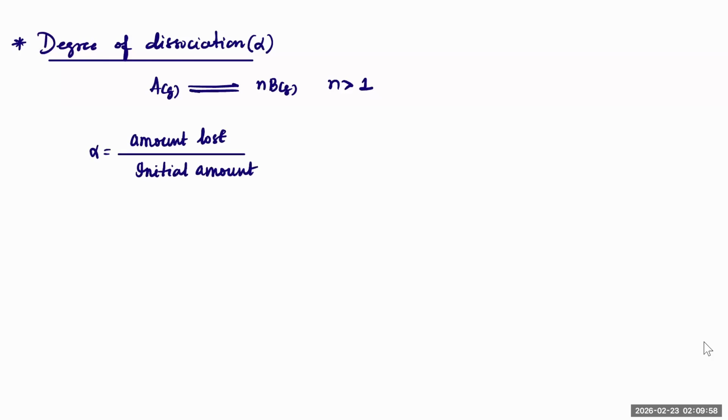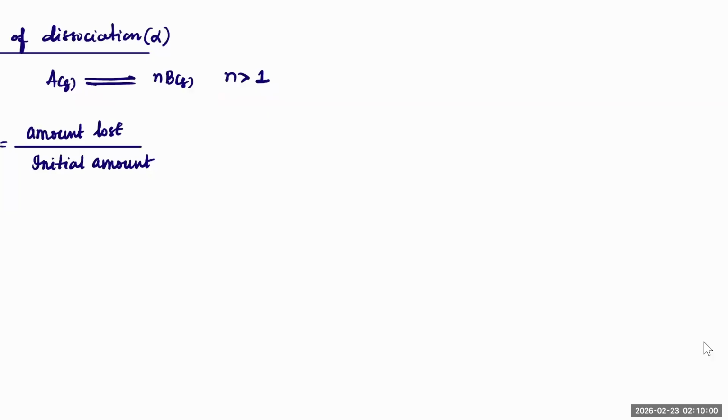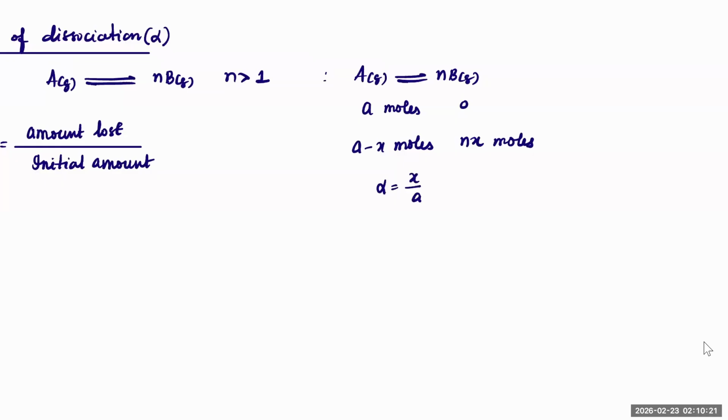Got it? How do we address that? For example, if you have a gas and it is getting dissociated, suppose you have a moles initially taken and now some x moles are lost to form nx moles. In that case, alpha will become x by a.